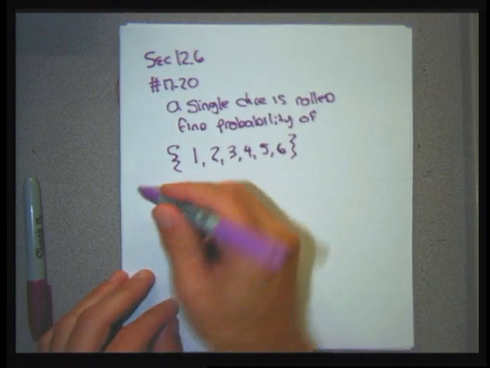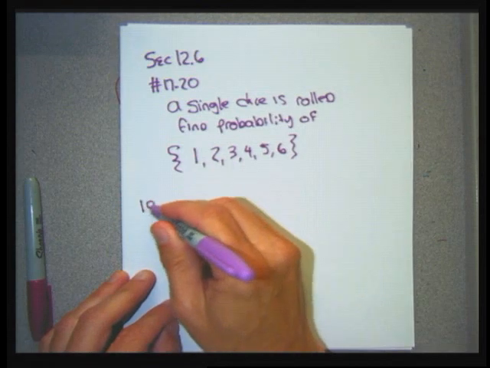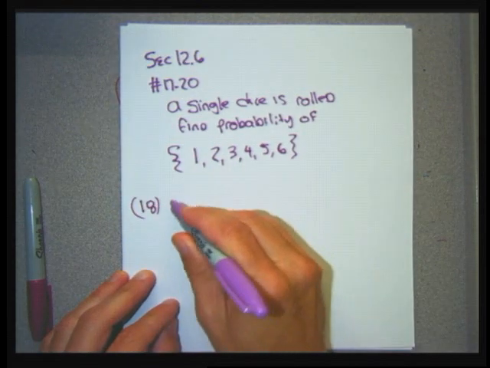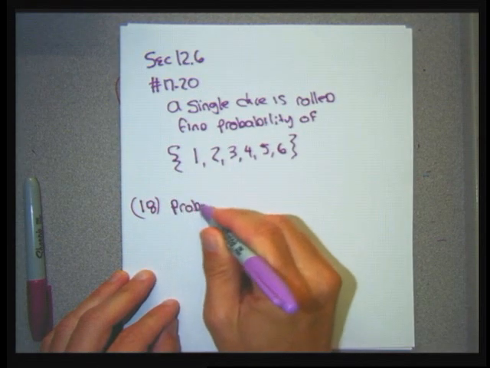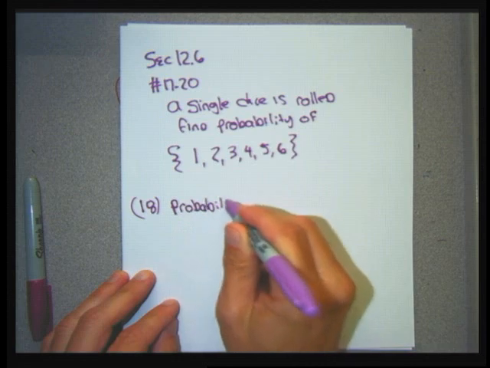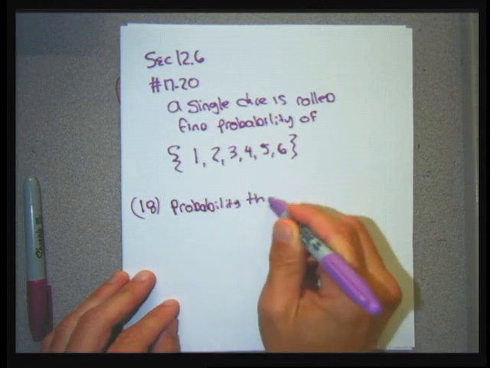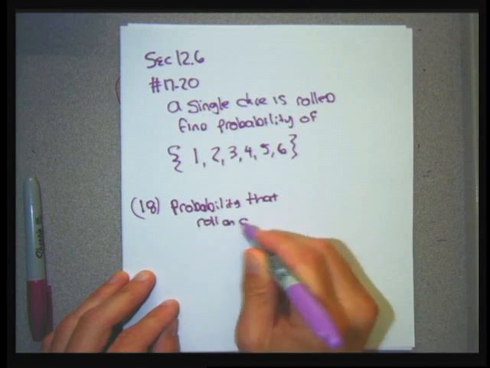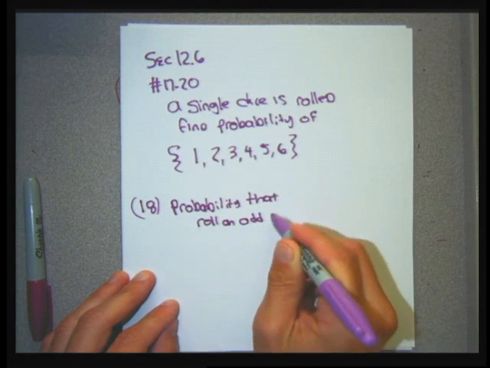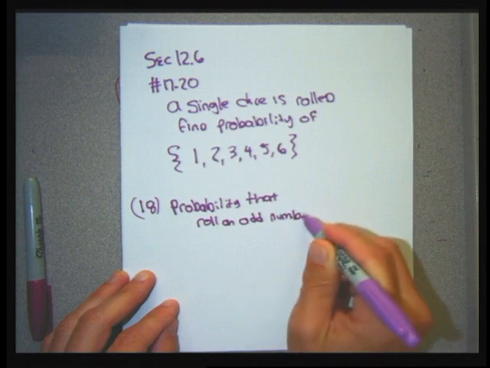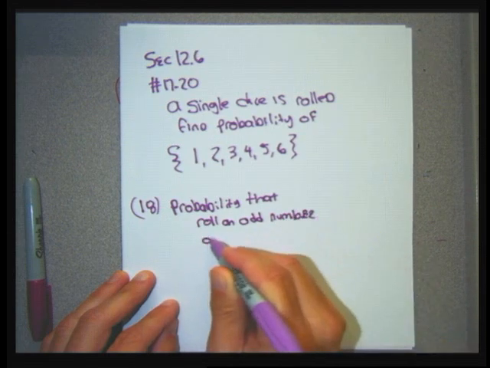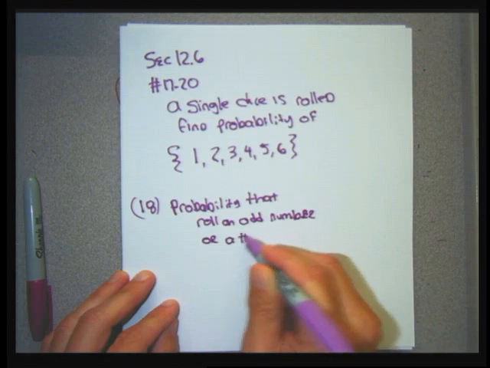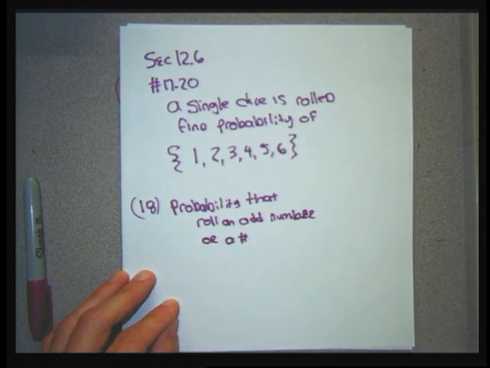And 18 asks me what's the probability that I roll an odd number or a number greater than 2.